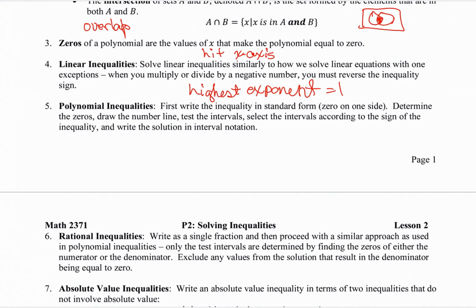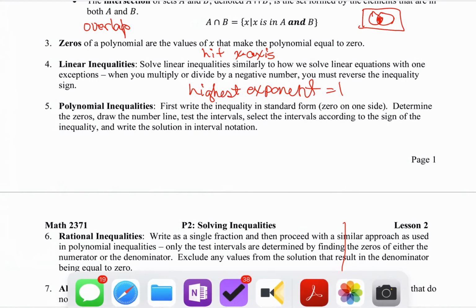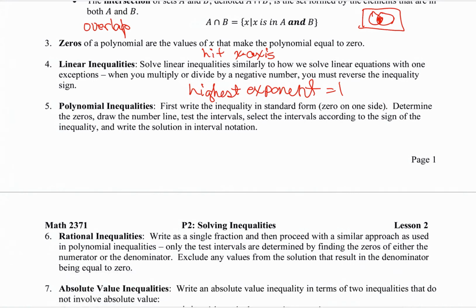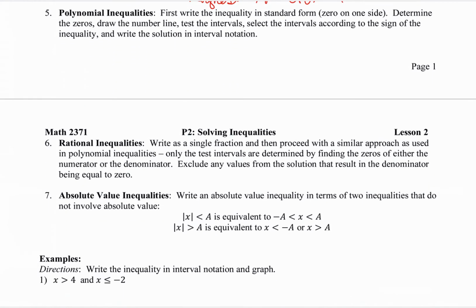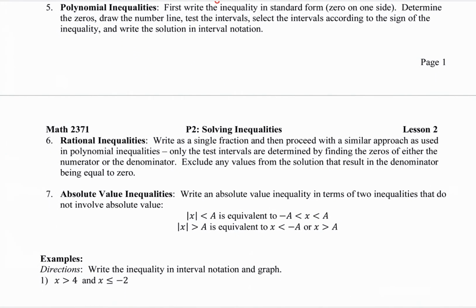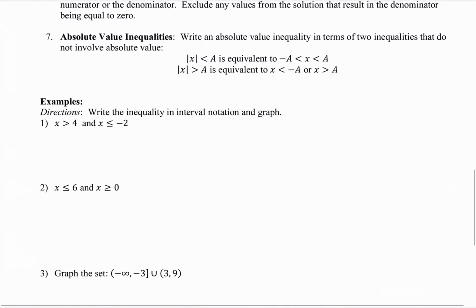We can have rational inequalities, where we have fractions, and absolute value inequalities, where we have absolute values that are inequalities. And we're going to solve all four of those types of inequalities. Okay, so let's get to solving.